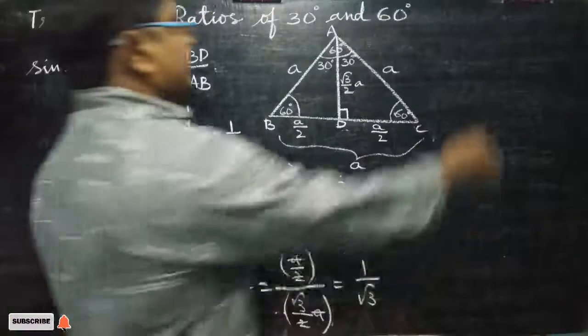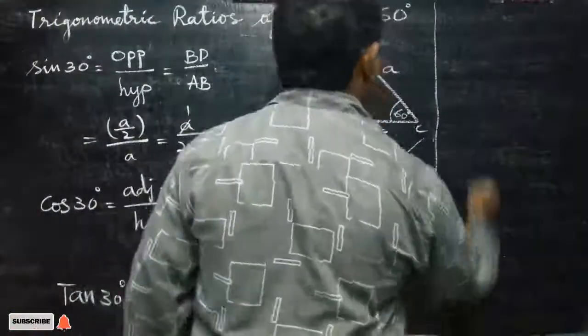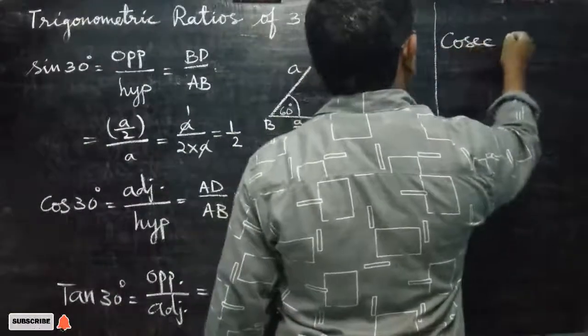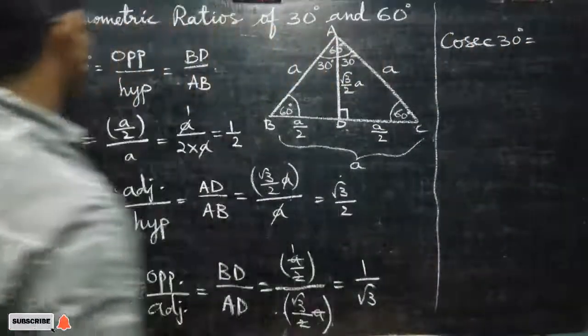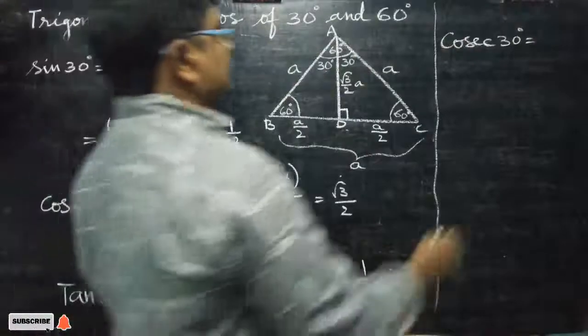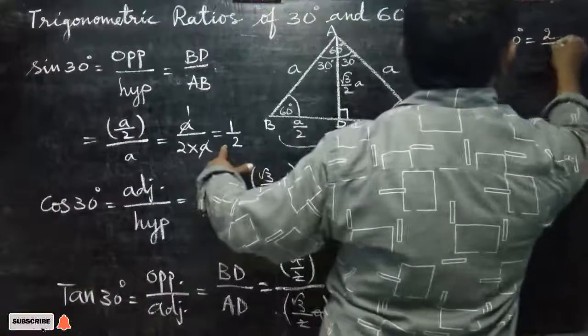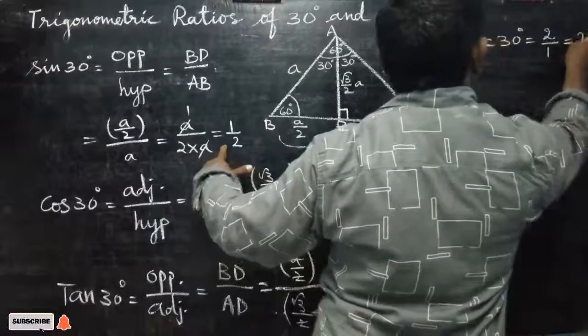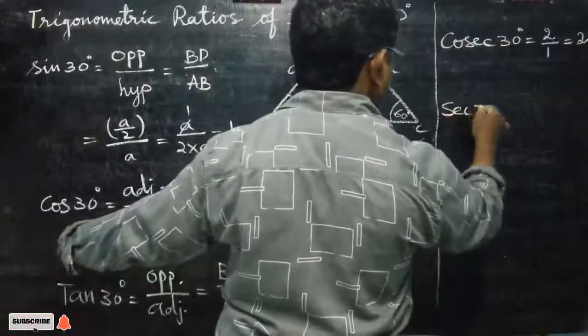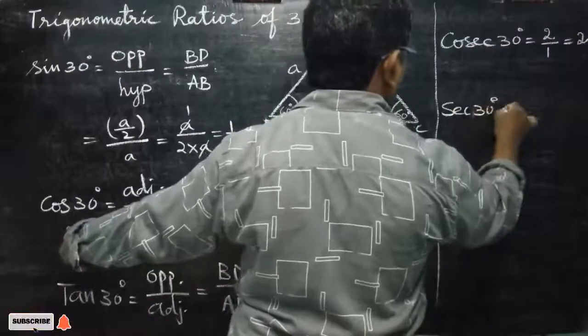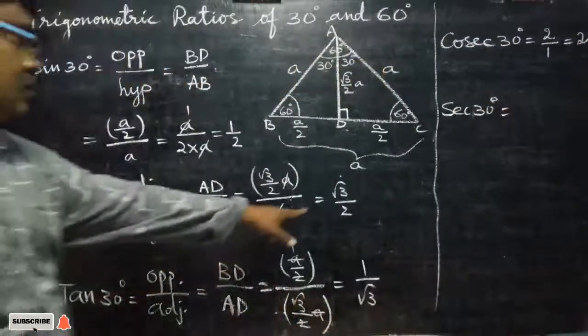The next 3 are easy to find, just the reciprocals. Cosecant 30 degrees. What is cosecant means? Reciprocal of sine. 1 by 2 means 2 by 1, that is 2. Next, secant 30 degrees. Secant 30 means reciprocal of cos.